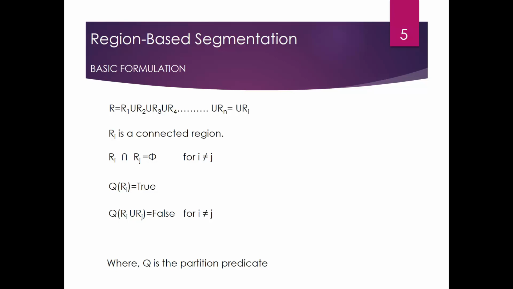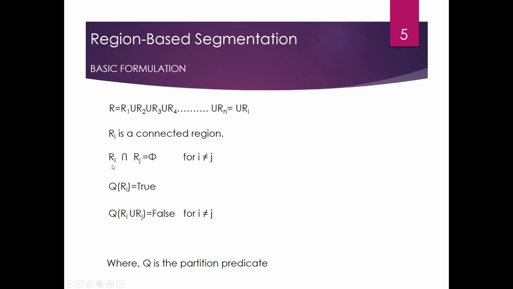The next point is that Ri should be connected. That means if we choose any two points in the region, we should be able to find a path between these two points, considering only points which already belong to this region. So we get n partitions and every partition Ri should be connected.